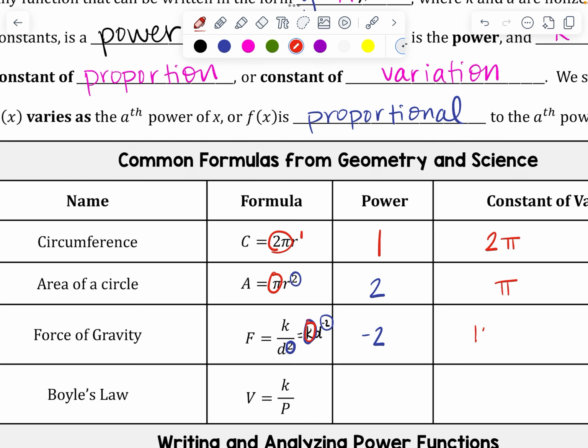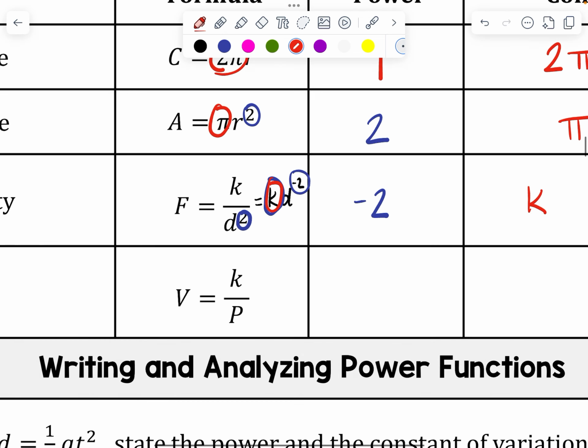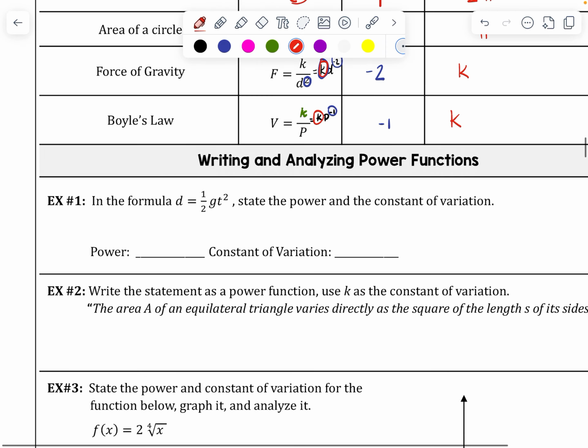And then Boyle's law says V equals k over P. K is a constant, but this P in the denominator is like saying k times P to the negative 1. So its power is negative 1, and its constant is k, being multiplied in front.